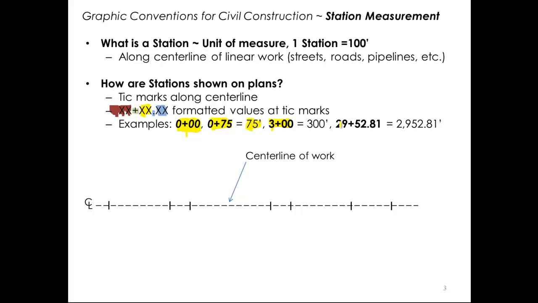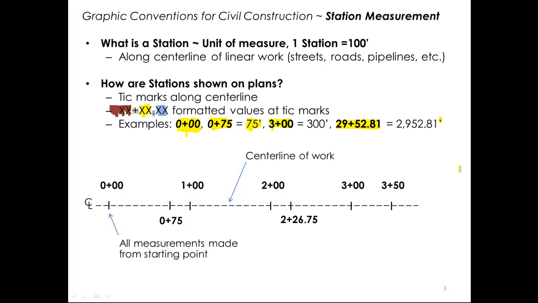And here's an interesting one, 29 plus 52.81. That obviously indicates 2,952.81 feet away from station 0 plus 00. Now notice when we write stations, we do not use the common hash mark that we might otherwise use to indicate a foot.